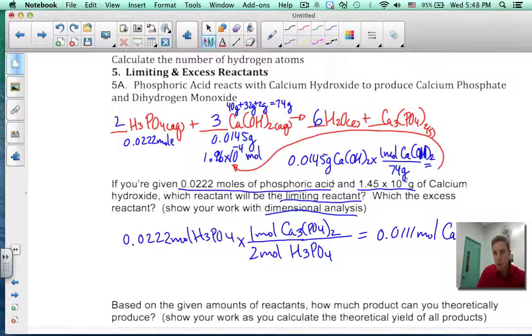So if you have that amount of moles of the calcium phosphate, that could be how much you make if you use all of your phosphoric acid.